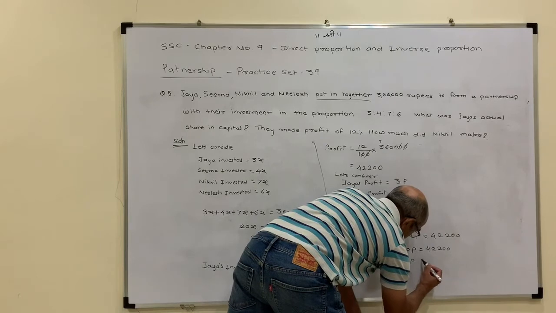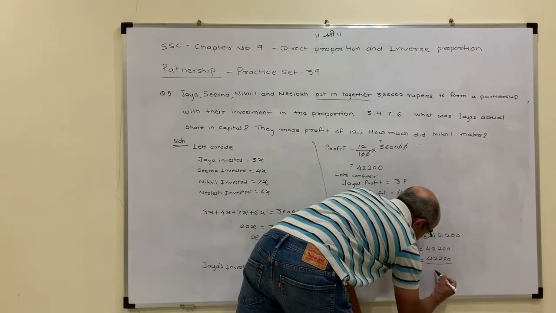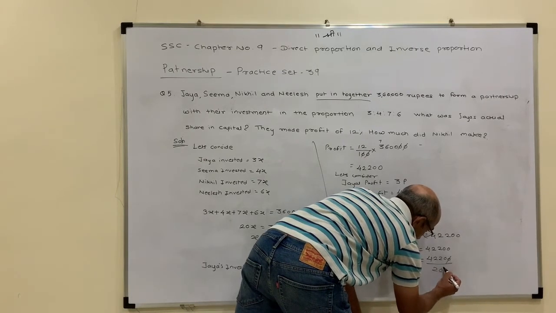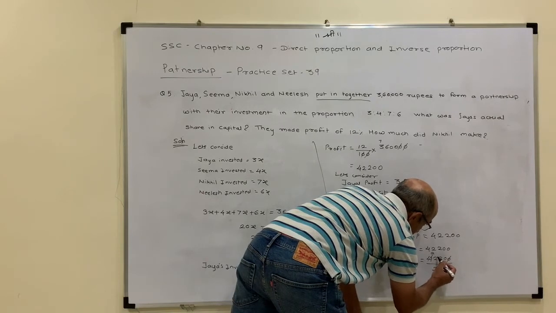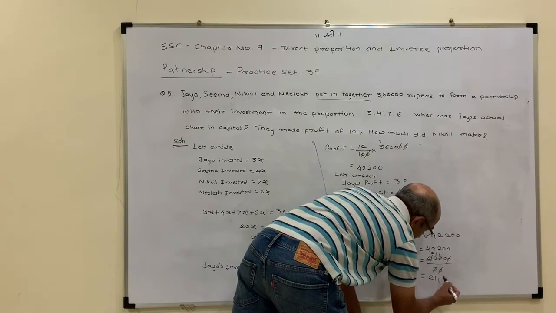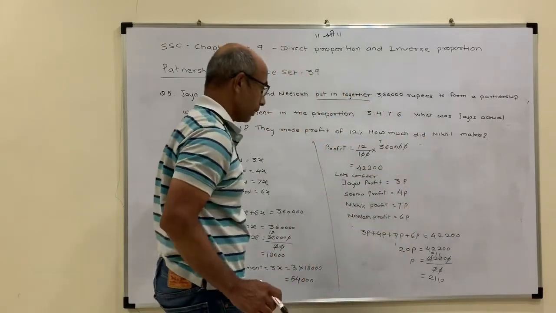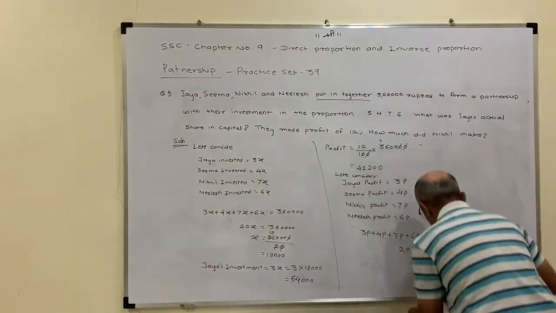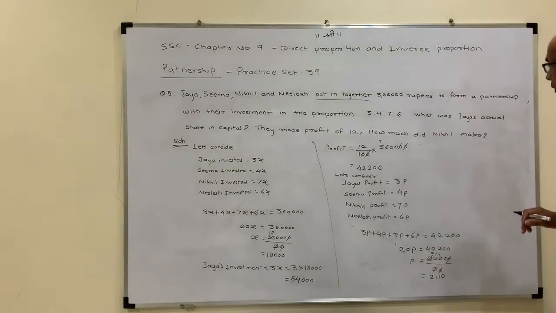So p equals 43,200 divided by 20. 2 twos are 4, 2 ones are 2, 2 ones are 2. So p is 2,160. So my p comes out to be 2,160. So now what do I need to find?